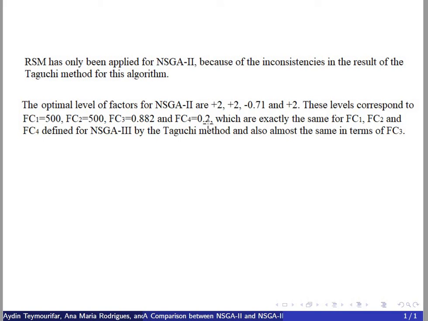The obtained levels are exactly the same for the first factor, second factor, and fourth factor, which are population size, number of iterations, and mutation rates, defined for NSGA-III by the Taguchi method, and also almost the same in terms of the third factor, which is the crossover rate.